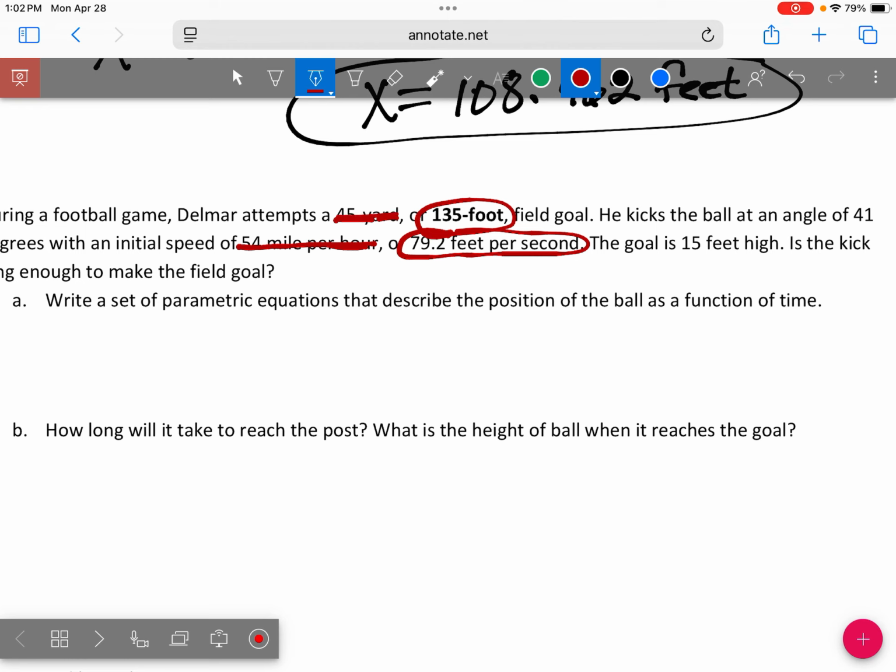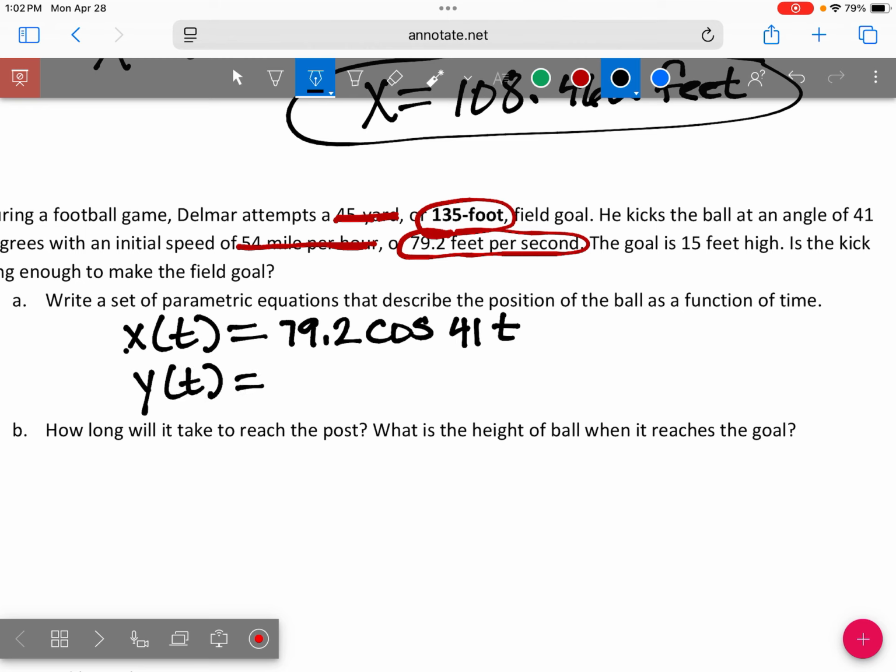So let's go ahead and write our set of equations. So x of t is going to equal 79.2 cosine 41t. And your y equation, am I using 32.2 or 9.81 for gravity? 32.2.